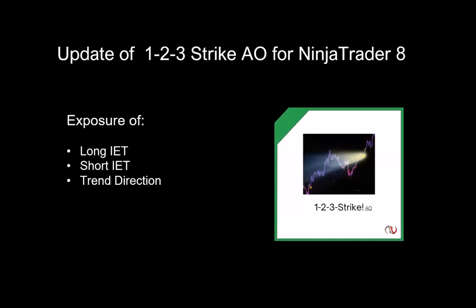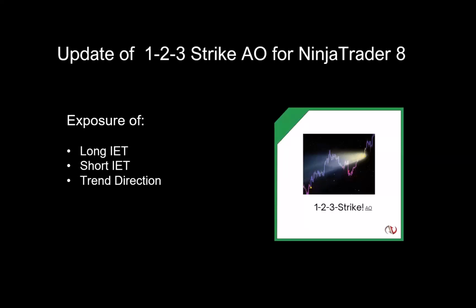And in addition to this, we have also exposed the trend direction. As you know, our 1-2-3 Strike indicator is a trend indicator, and it will only take buy signals if we are on an uptrend, or if the indicator senses that we are in an uptrend, and it will only take short trades when we are in a downtrend.